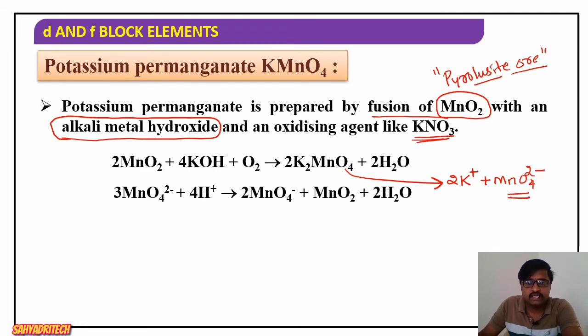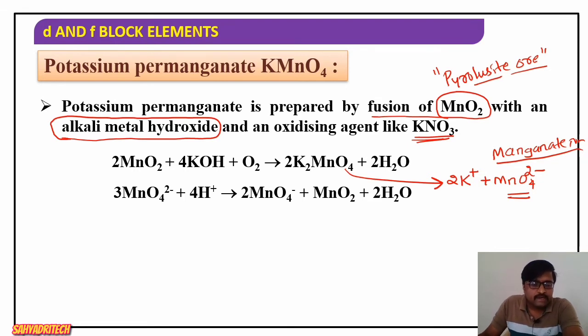What is the ion here? It is the manganate ion, formula MnO4 2 minus. Permanganate is MnO4 minus, right? That is the difference.